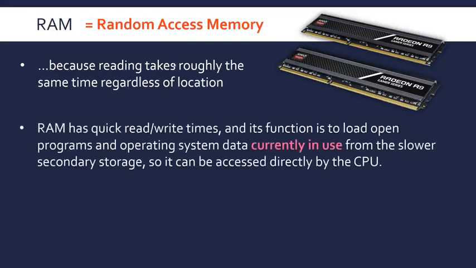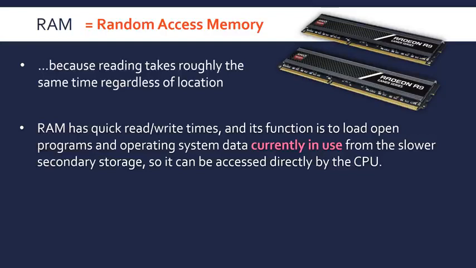Compared to persistent storage like a hard disk, RAM is very quick. It's not as quick as cache or registers, certainly not. But its function is to store a copy of open programs and operating system data. So anything currently open is loaded into RAM. When you open a program, the data for it is effectively copied over from where it's stored, usually your hard disk, and moved over to RAM while you're using it, because RAM is much faster and directly accessible by the CPU.